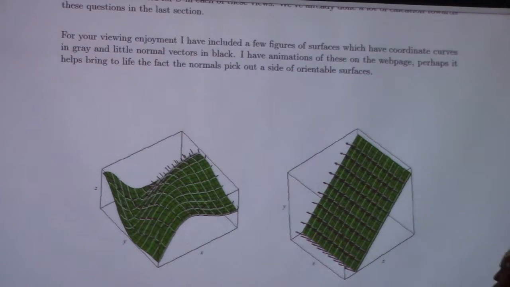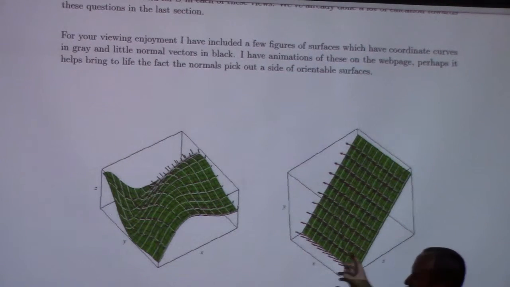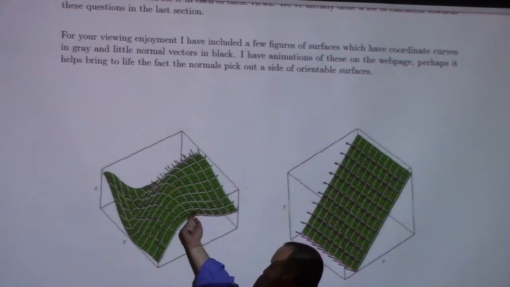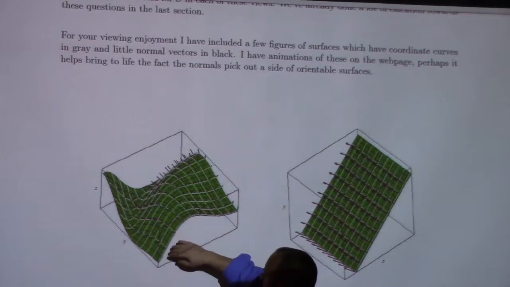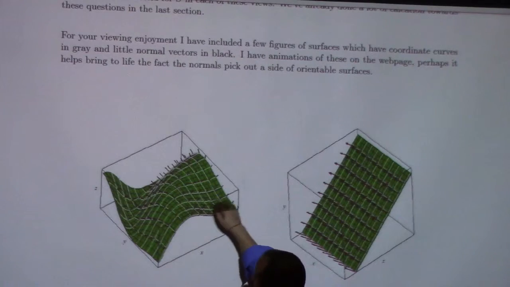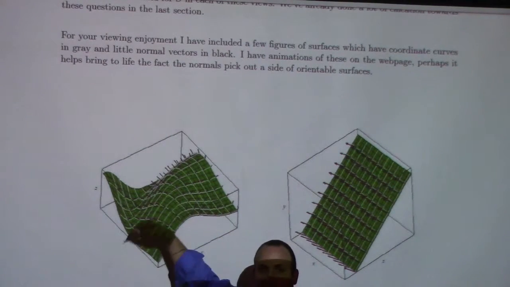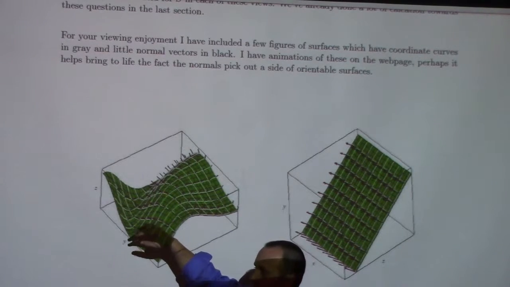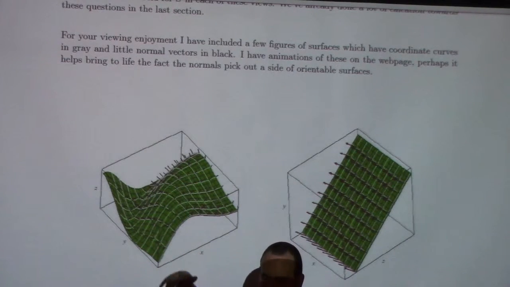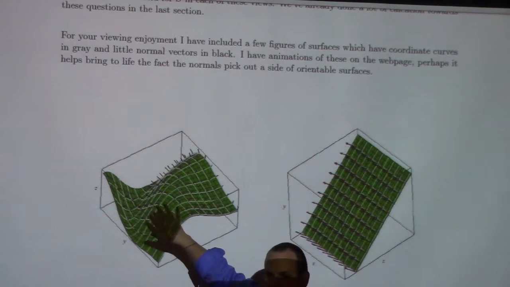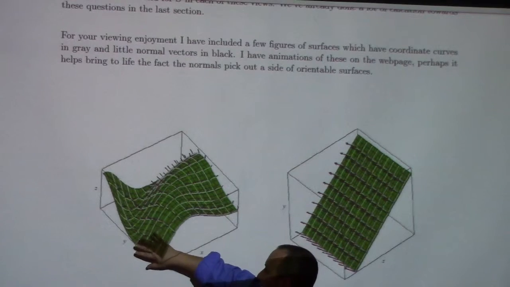Here's a couple pictures of surfaces, and this one, which my brother made, is a picture of a parametrized surface. The grid of lines are the coordinate curves, what you get from either fixing u or fixing v. The way to think of a parametric surface is that you're taking the uv parameter space and gluing it on top of this curved space, so they're curved coordinate lines.